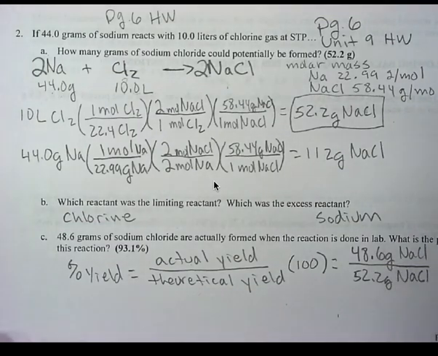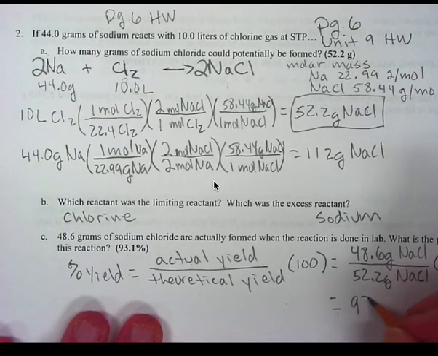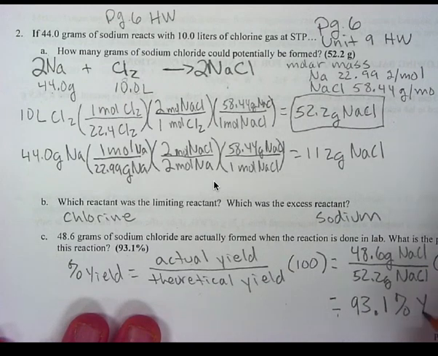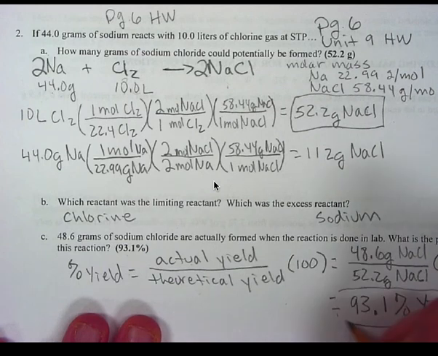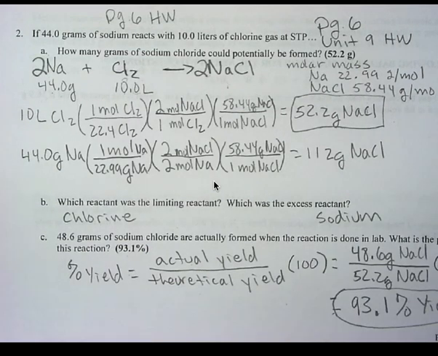And dividing these two numbers, multiplying times 100, I would get as an answer 93.1 percent yield. So this is the answer to your percent yield based on your limiting reactant of sodium chloride.